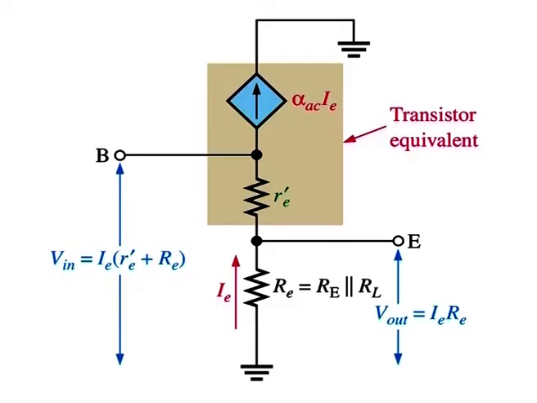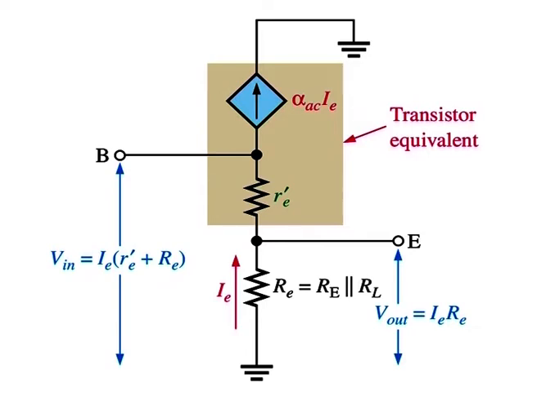Input resistance. The emitter follower is characterized by a high input resistance. This is what makes it a useful circuit. Because of the high input resistance, it can be used as a buffer to minimize loading effects when a circuit is driving a low resistance load.